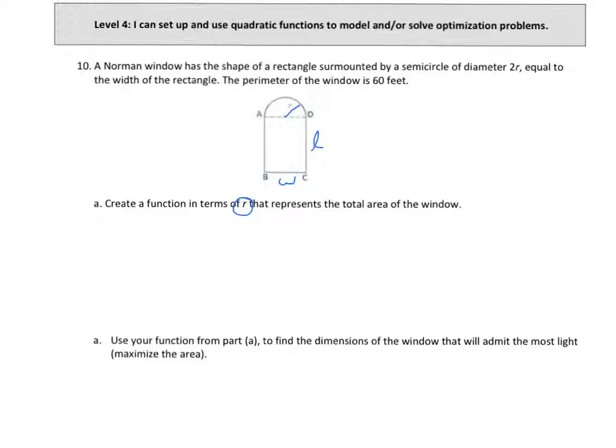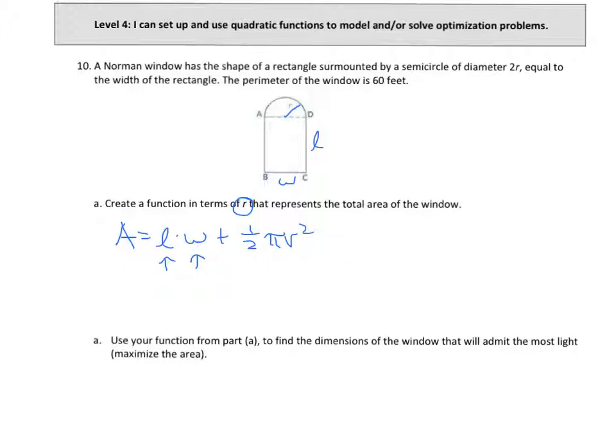So to find the area of this figure, I would do length times width for the rectangle plus half the area of a circle. A circle is pi r squared, so I would do 1/2 pi r squared. Now, since my goal is to get all of my variables in terms of r, I just need to replace L and W with expressions in terms of r.